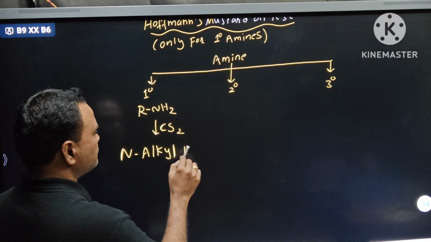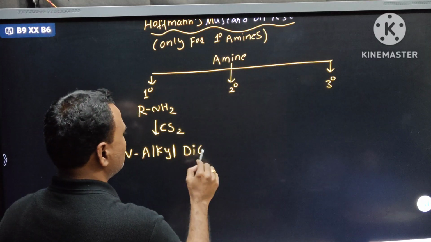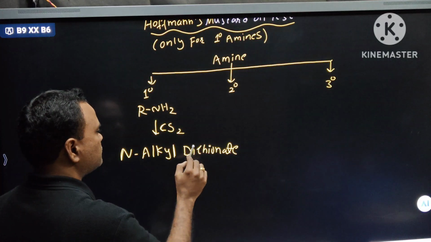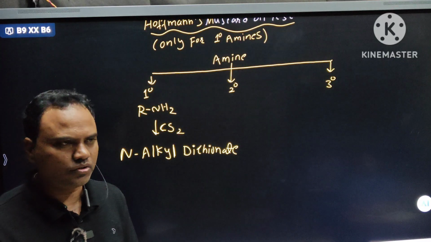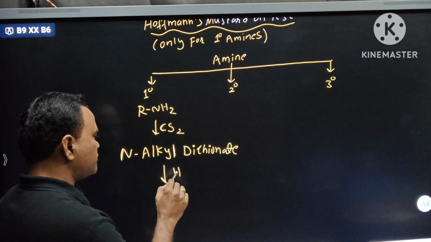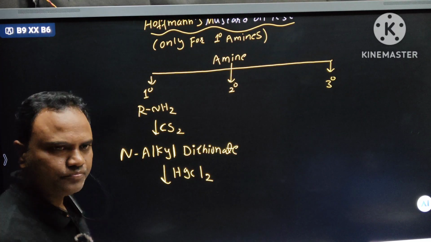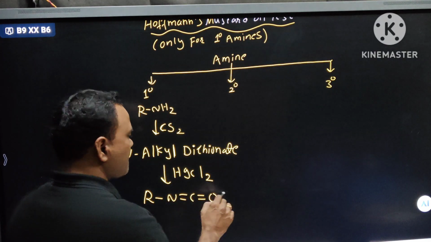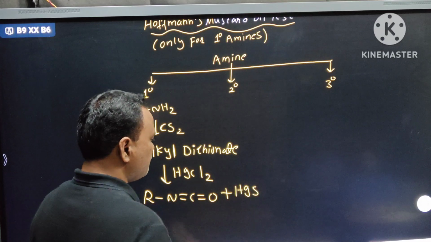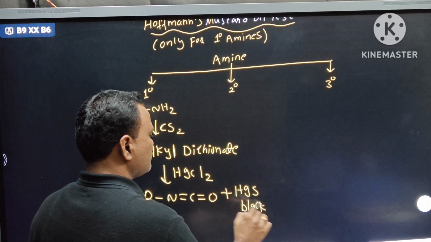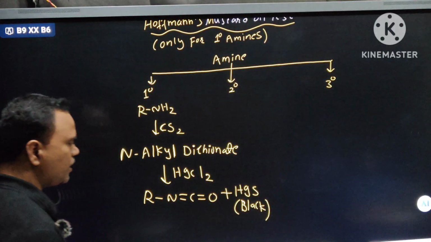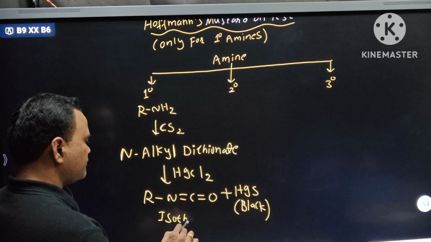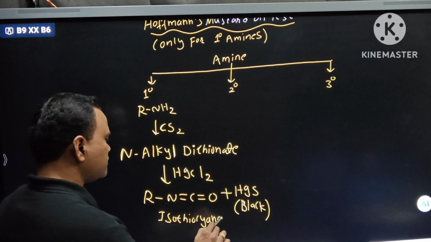N-alkyl dithiocarbamate. N-alkyl dithiocarbamate is formed, which when treated with HgCl2 gives alkyl isothiocyanate and HgS, a black precipitate. This isothiocyanate has a mustard oil smell.